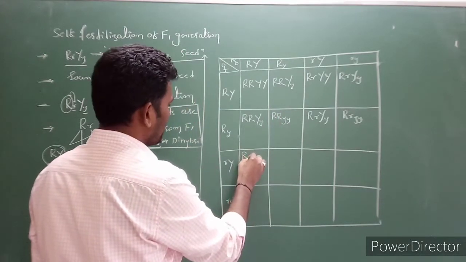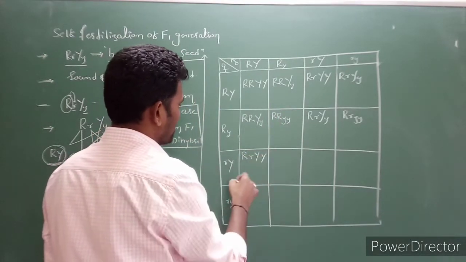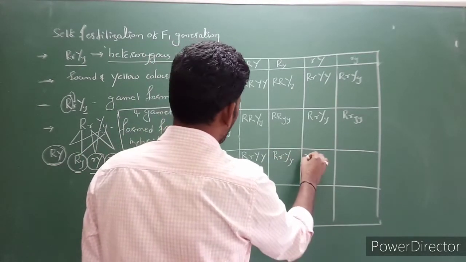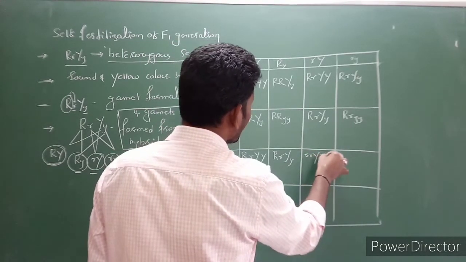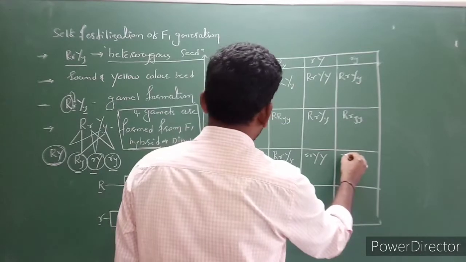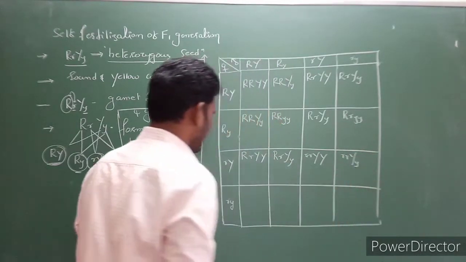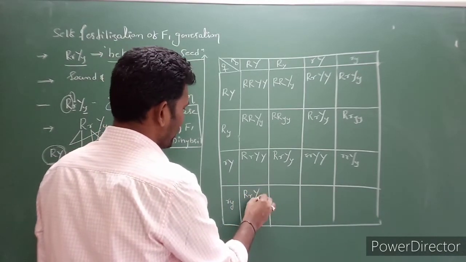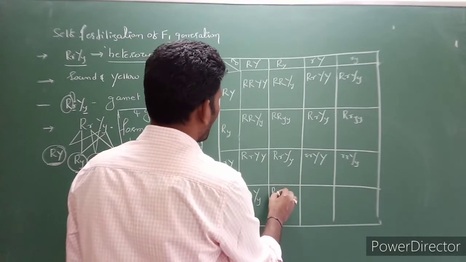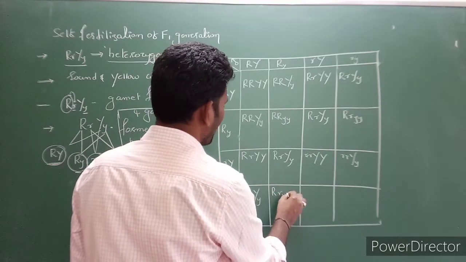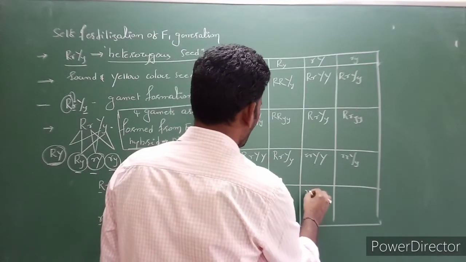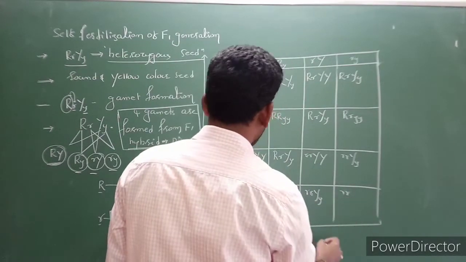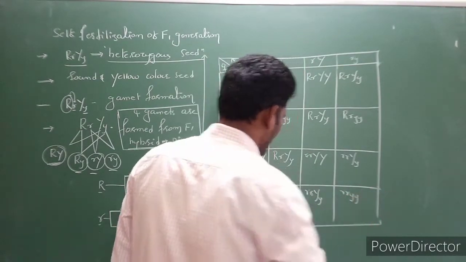Next, capital R, small r, capital Y; capital R, small r, capital Y, small y; small r, capital Y, capital Y; small r, capital Y, small y. And here, capital R, small r, capital Y, small y; capital R, small y, small y; small r, capital Y, small y; small r, small y, small y.